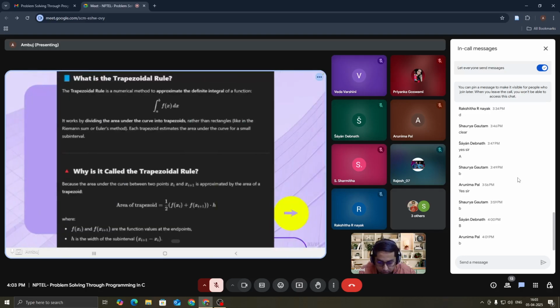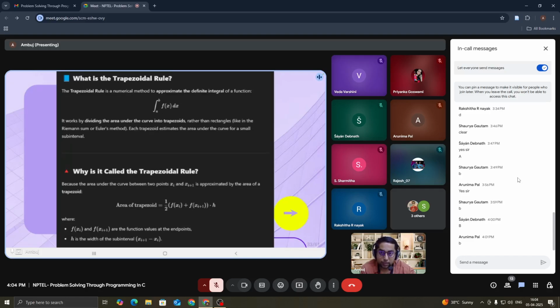What is trapezoidal rule? Trapezoidal rule is a numerical method, just like the Runge-Kutta method, but the function is different. The trapezoidal rule is a numerical method which is used to evaluate the definite integral of the type definite integral a to b f of x dx.